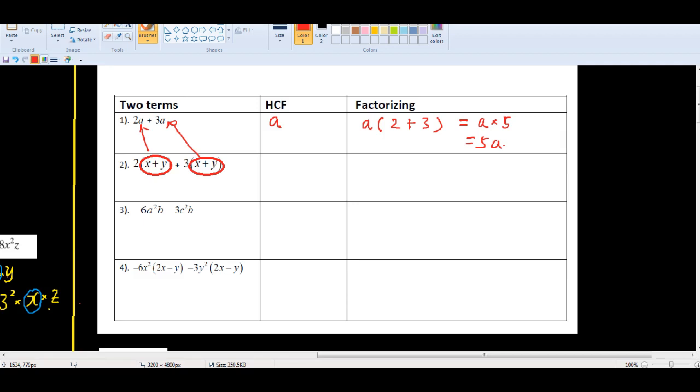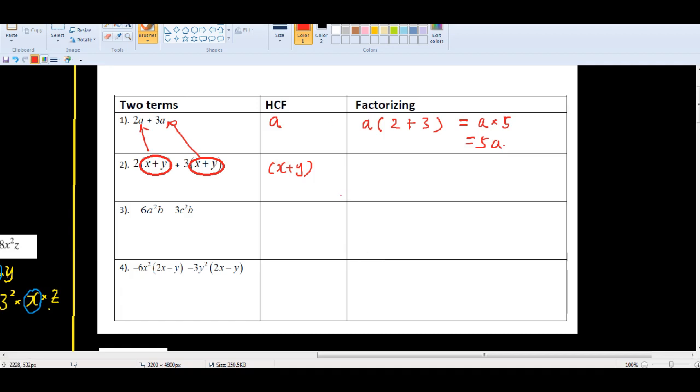So in algebra, we could treat x plus y bracket just like a single polynomial as a. So in this case, if in the first example a is the HCF, in this case x plus y, the bracket, would be our HCF as well.